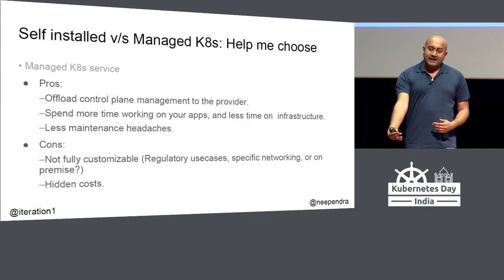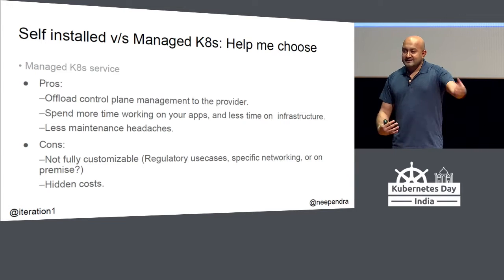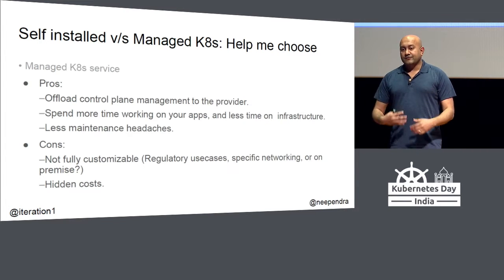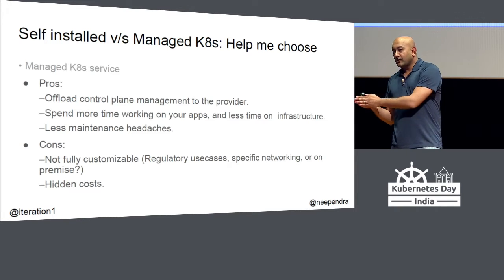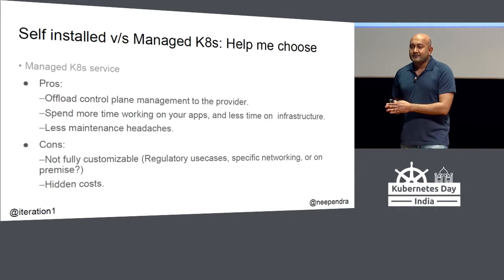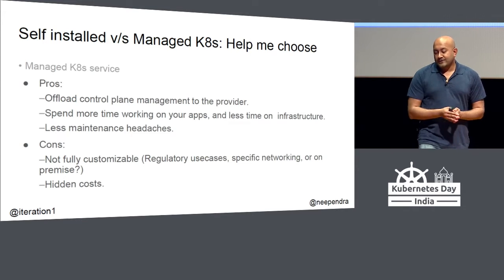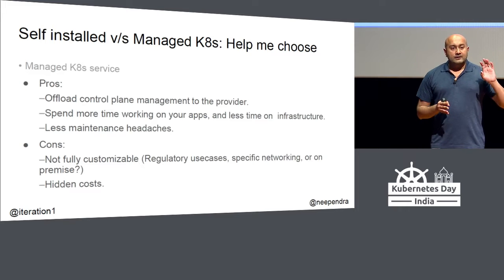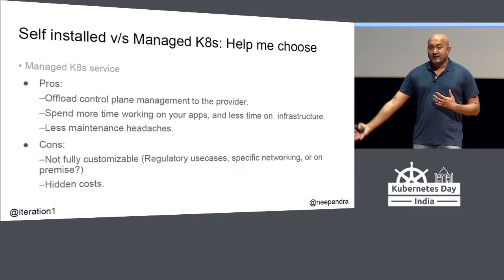You're spending more time developing, debugging, and deploying your applications, and less time on the infrastructure. From a developer perspective, you're trying to make your microservices work. And from an ops perspective, you're not worried about the control plane, so there's less operational headache. The consequence of picking a managed provider is that sometimes you don't get a lot of customizability.